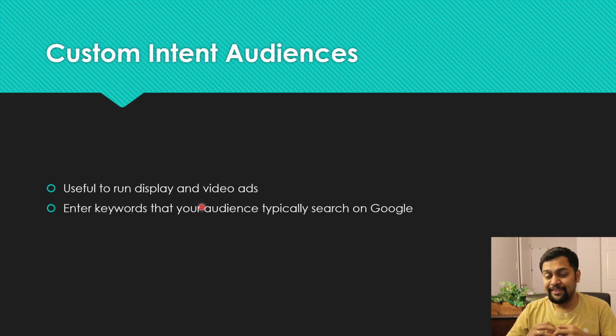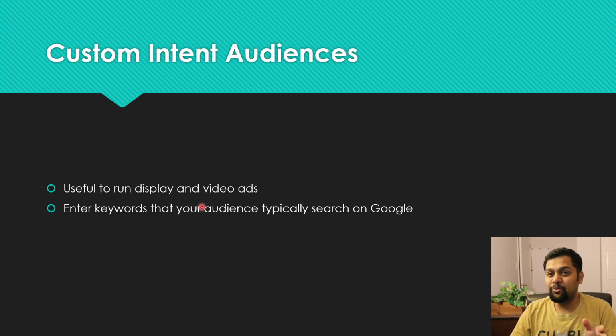And this is very useful when you want to run display or video ads. Now, one of the biggest challenges of running display or video ads is that your ads will be shown on millions, if not billions, of websites in the display network, right? And sometimes you don't have control over those placements.